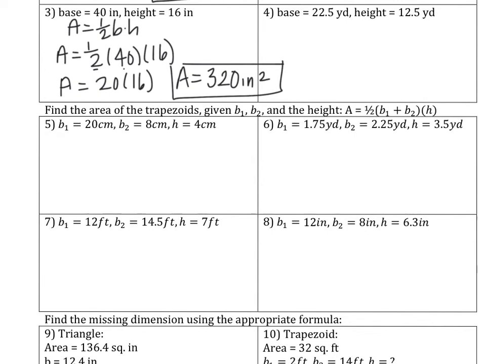On number 5, we're going to find the area of the trapezoid given B1, B2, and the height. And this is our formula. For the sake of time, I'm not going to write down the formula on these problems, but it's a good idea usually to do that. Number 5, we have our B1, our B2, and our height, and it's going to be half of that. So it is going to be area equals half of 20 plus 8, and then our height is 4.